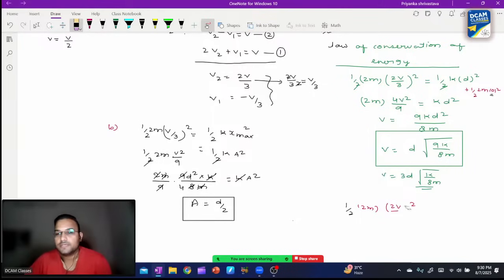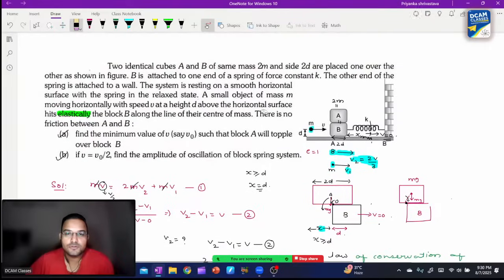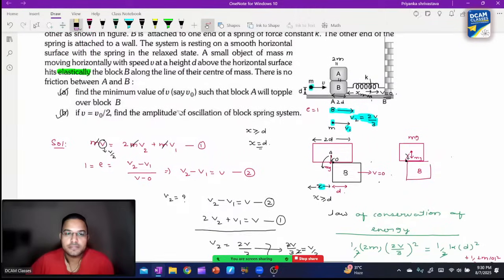In this question, they must have told us that the point where this d is compressing by d should be the point of toppling. That should be the maximum compression in this case.